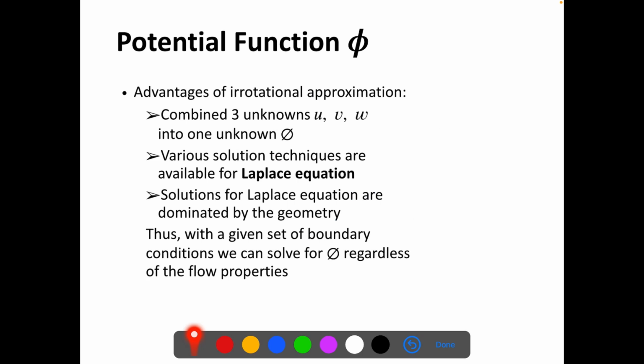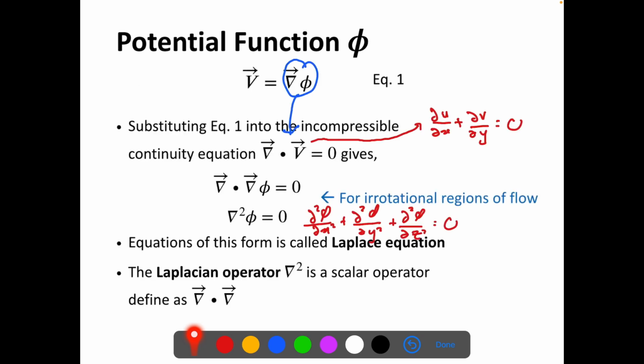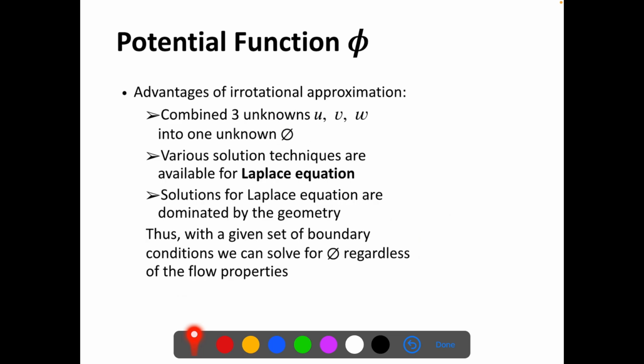So, the advantage of the irrotational approximation: we combine three unknowns, u, v, and w, into one unknown. Basically, for the real flow you have du over dx plus dv over dy plus dw over dz equals 0, with three unknowns, u, v, and w.